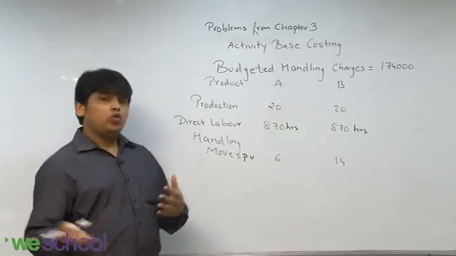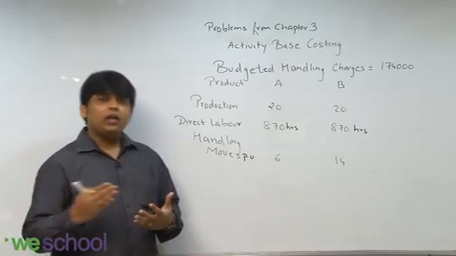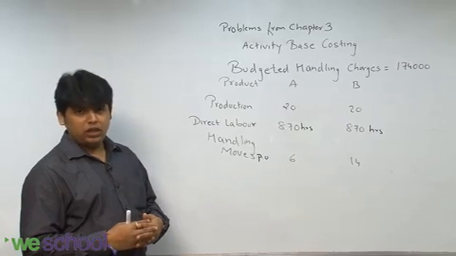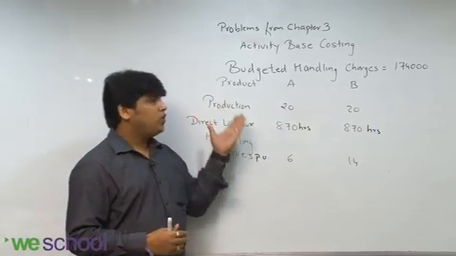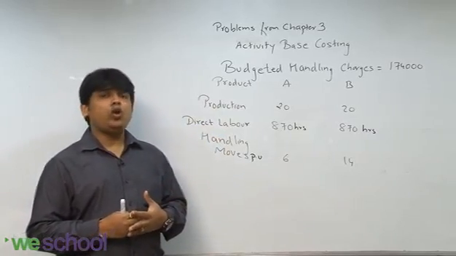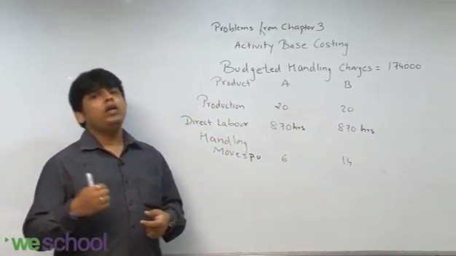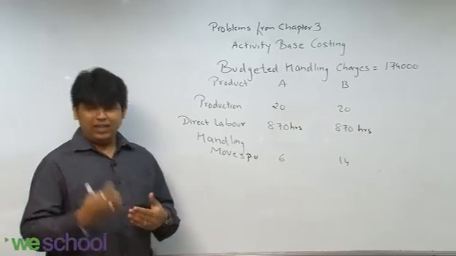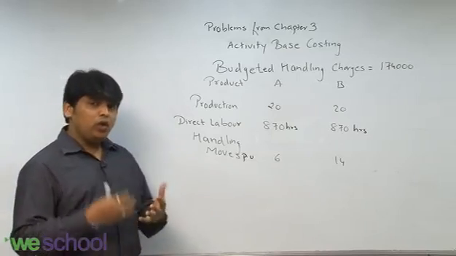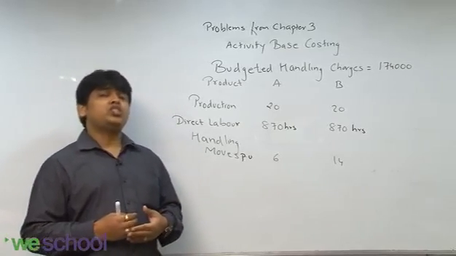To remove these difficulties, the activity based costing method was introduced. On that basis, we distribute the expenses not on the basis of any production level, labor hours or sales amount, but on the basis of cost drivers.